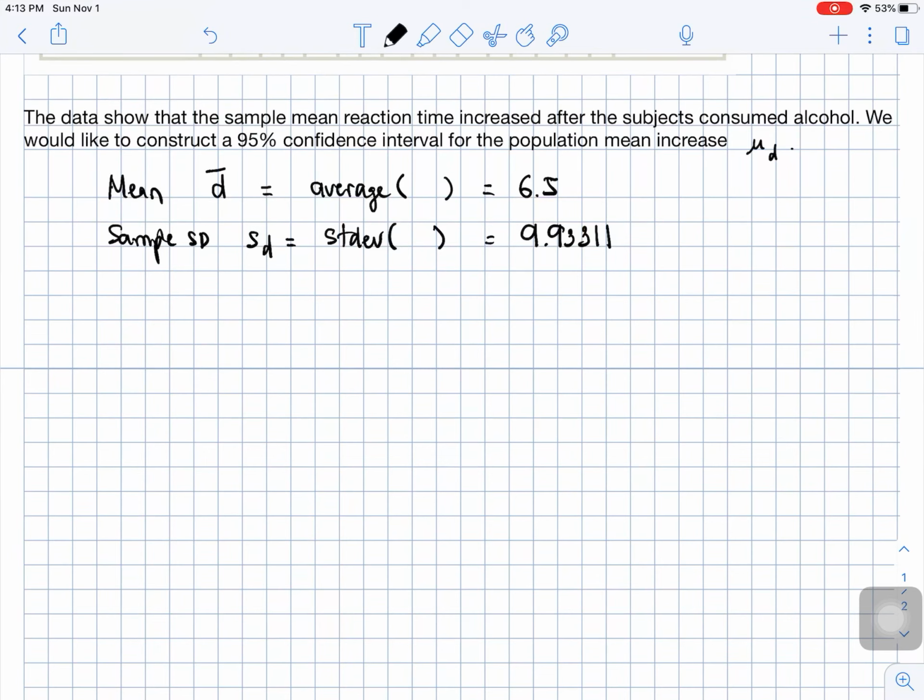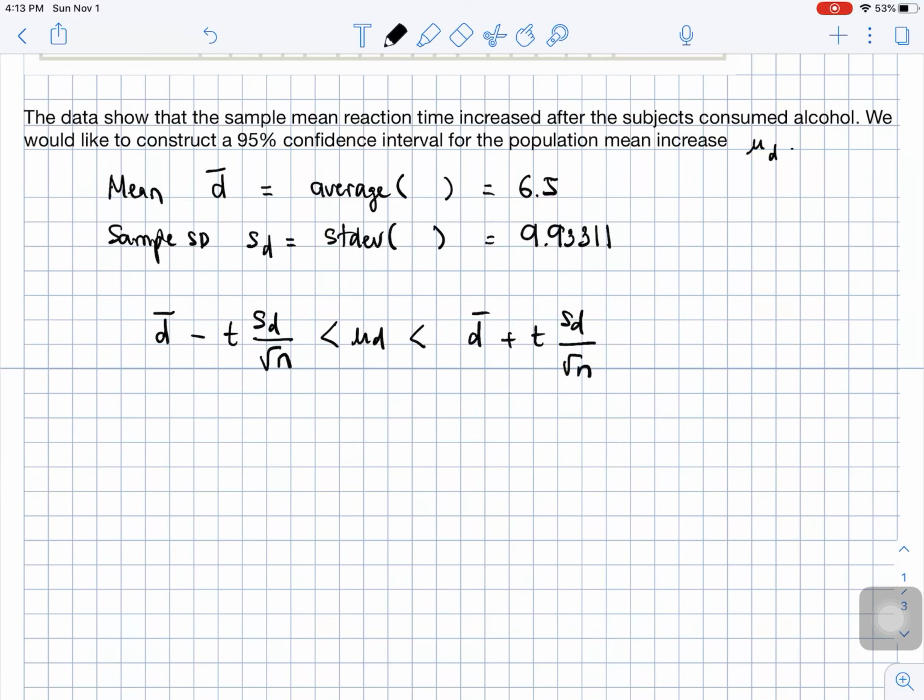They don't have to match, but for this section, the numbers must match. If you use Excel, you will get D bar is 6.5 and SD is 9.933311.